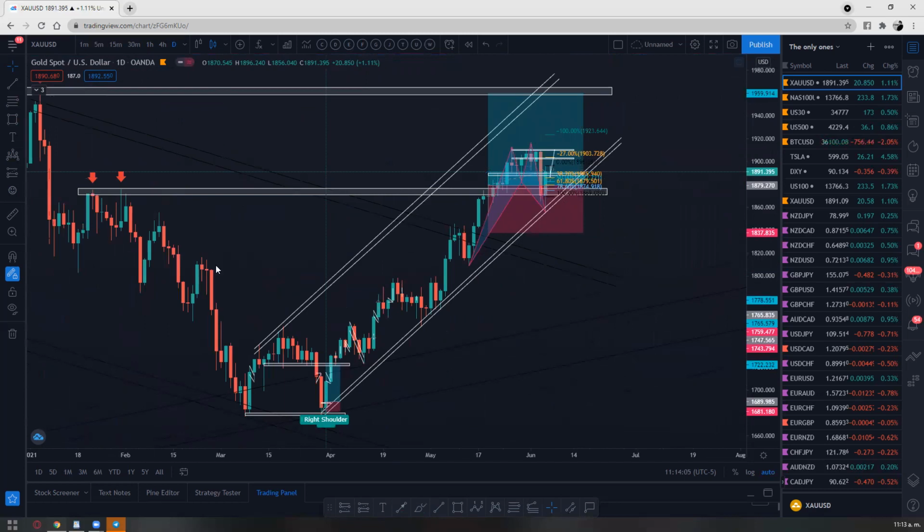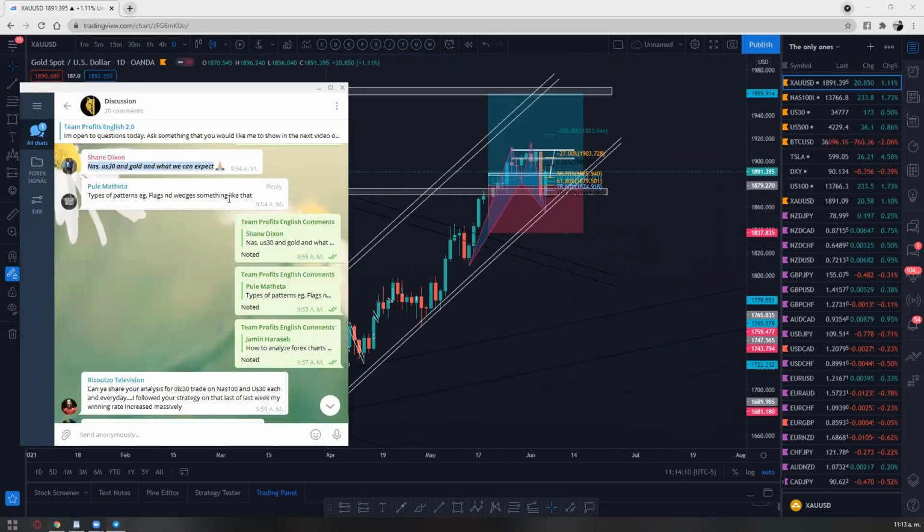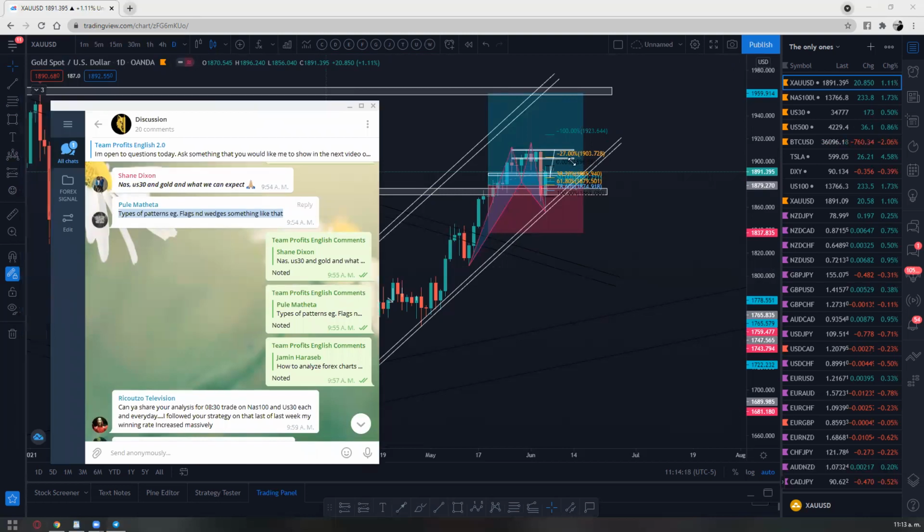Next question. Types of patterns, flag, which I think I already explained. Types of patterns that are basically out there, most of them, the most common, like the flag patterns that I already showed you here in the Nasdaq. You got the consolidation patterns.